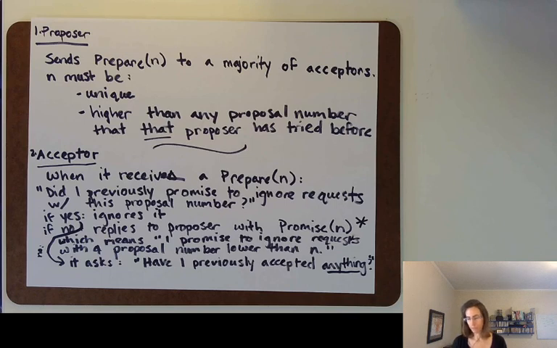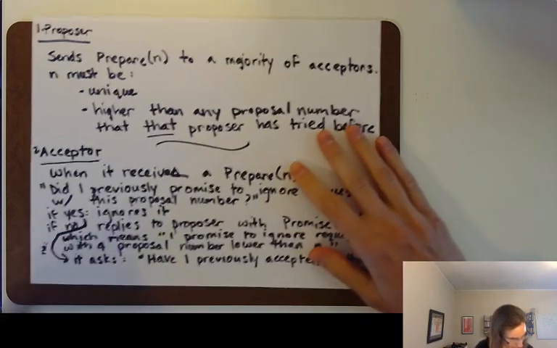So it has to respond to the proposer with a promise message, but that promise message has to tell it what its highest previously accepted proposal number and its previously accepted proposal value were. So it puts something extra in the promise message.